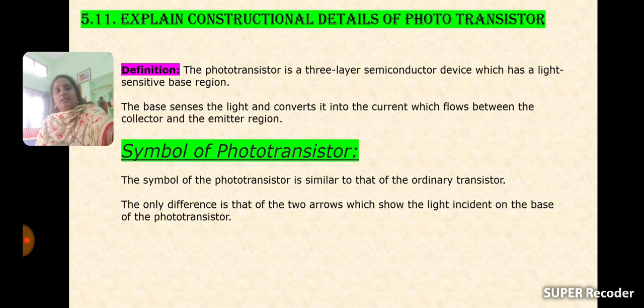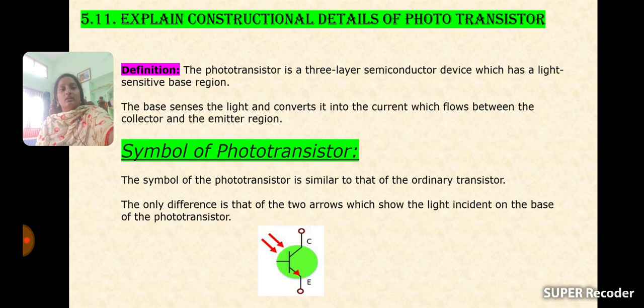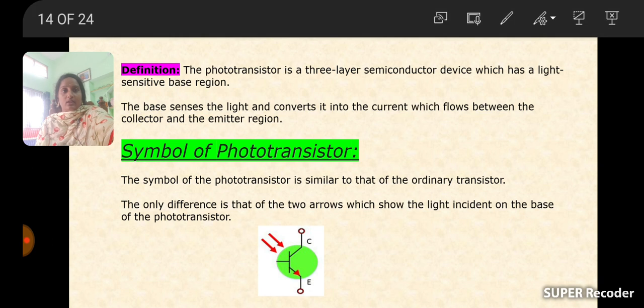And here is the symbol of the phototransistor. See, the light is exposed on the collector-base junction, where we impose the light across the collector-base junction. Why? Because the emitter-base junction is under forward bias condition, so there is no need of exposing the light.